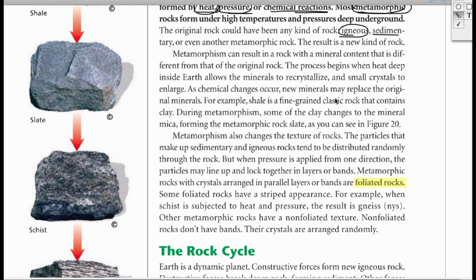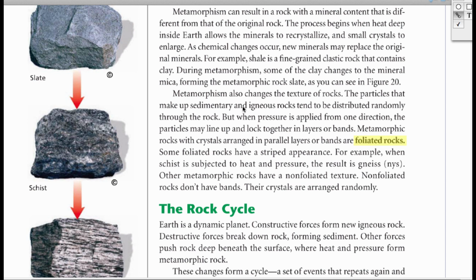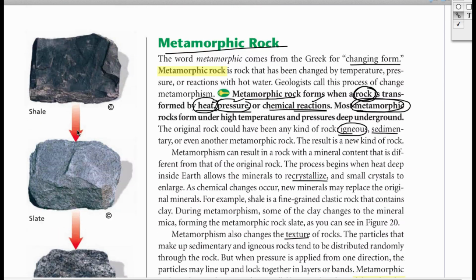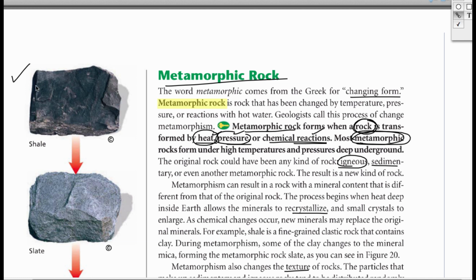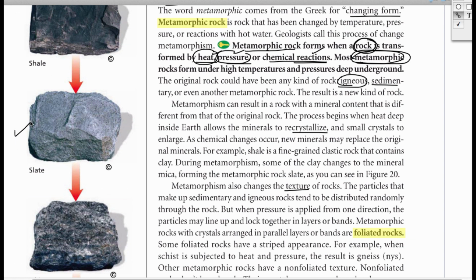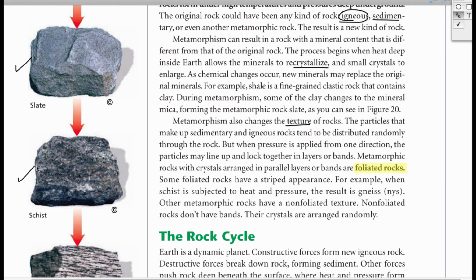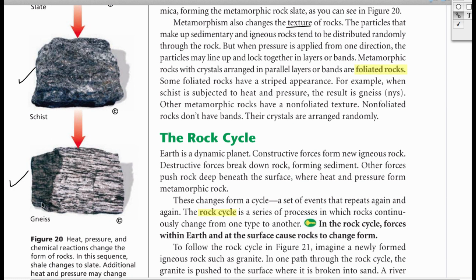Okay? The changes happen in the texture, the arrangement, the crystallization. Okay, it's going to be different than it was before, different enough that we say we have a different type of rock. So you can see here, this was shale, then more pressure and heat, more pressure and heat, and more pressure and heat.